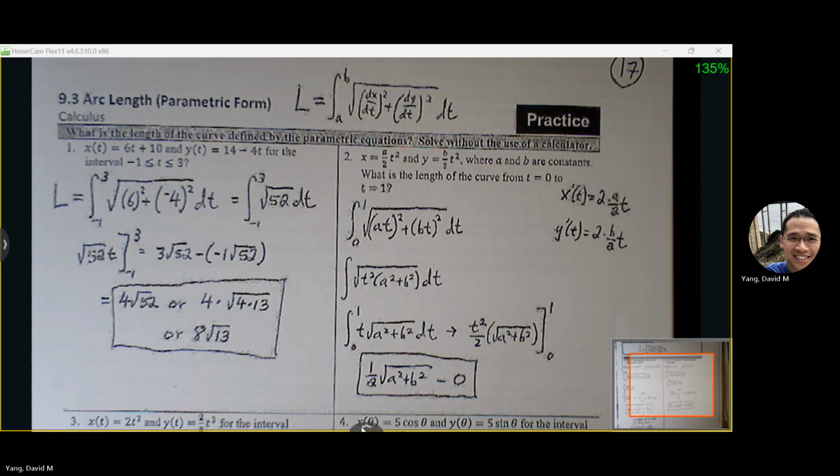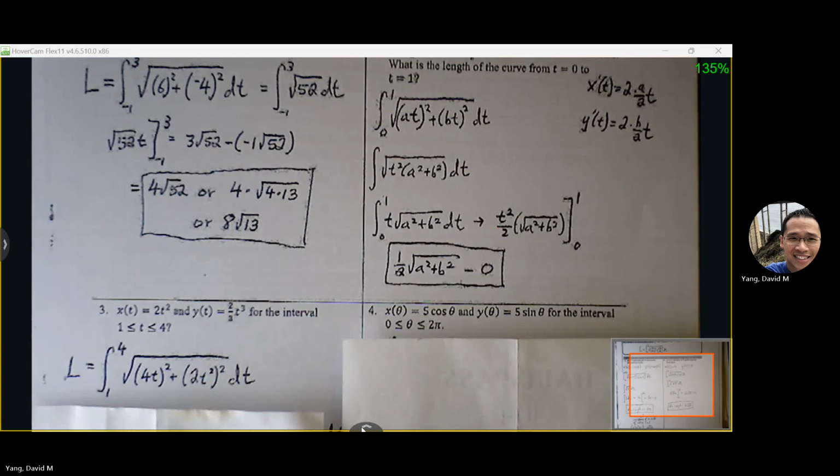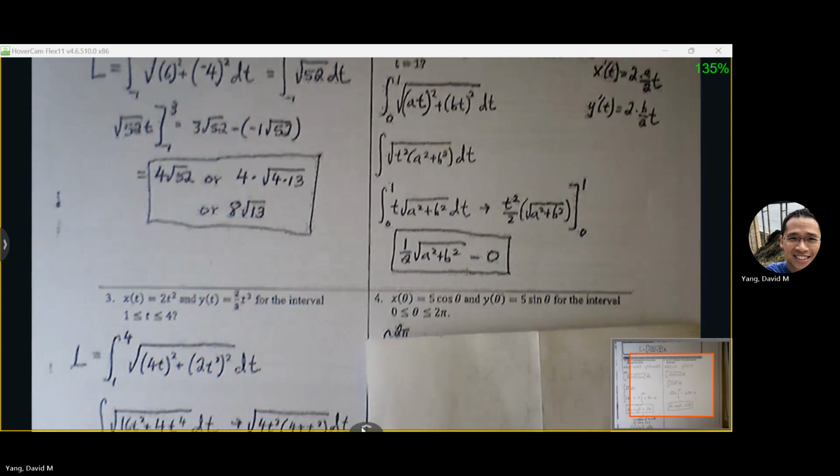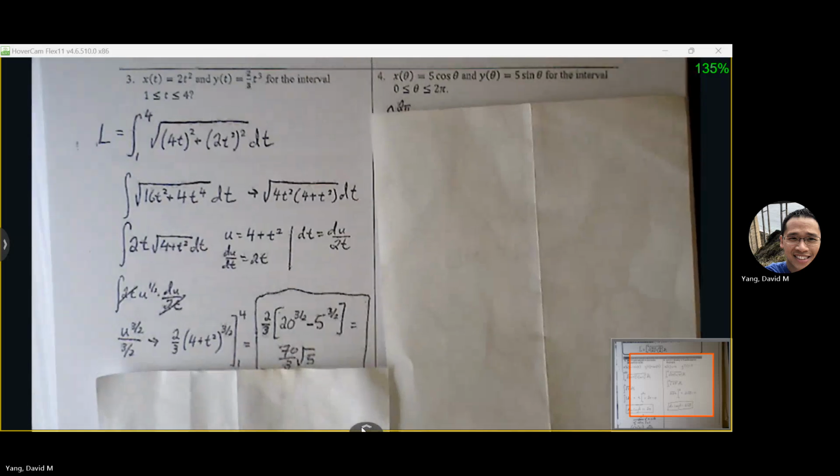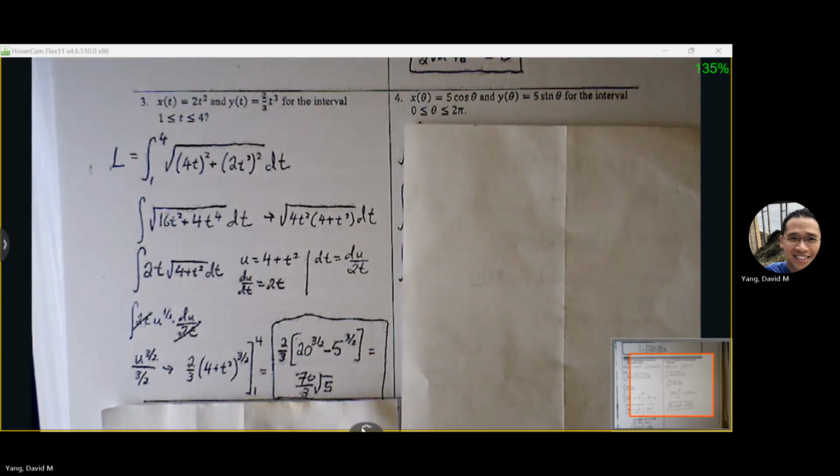Okay, number 3. Number 3 requires a bit more calculus procedure with u-substitution.